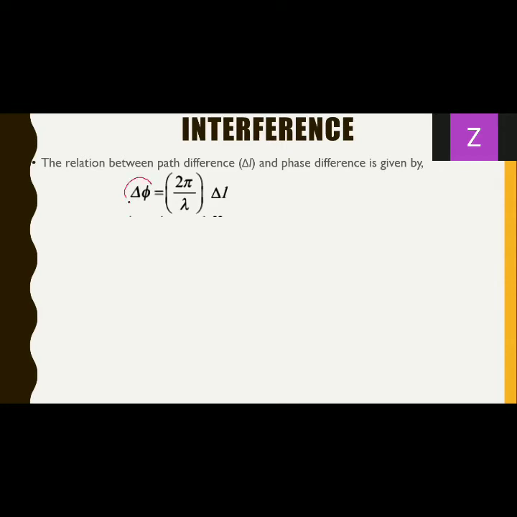Once again, what is delta phi? Delta phi is the phase difference which we have. We have already established at point P that the phase is not the same, it is different. So that phase difference is given by this delta phi. Delta L gives you the path difference, and lambda is the wavelength of the incident light. So for the phase difference, if we apply the concept for point P, we can substitute the value of delta L from the previous formula.